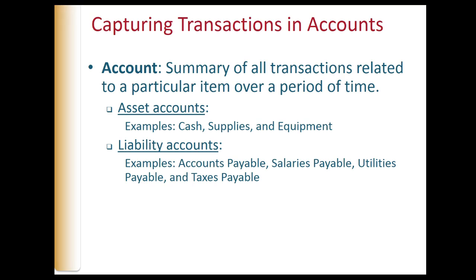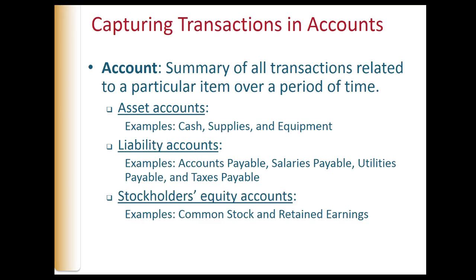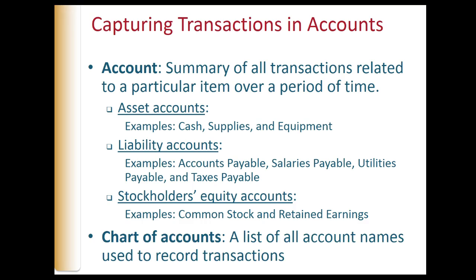The chart of accounts is a listing of all the accounts that a company uses. So, for example, asset accounts, remember assets are resources. They include cash, supplies, equipment. Liability accounts can include accounts payable, salaries payable, utilities payable, taxes payable.